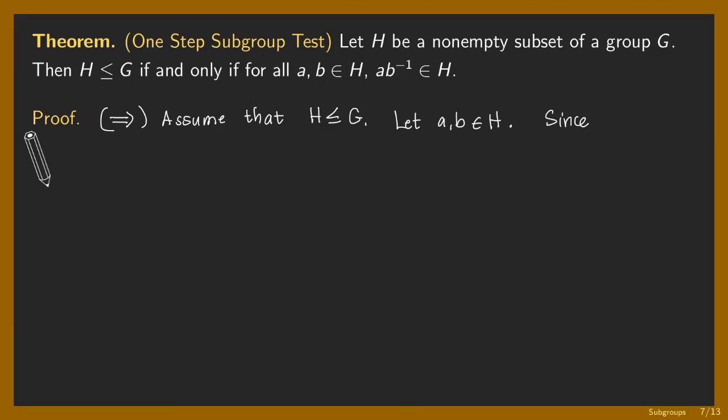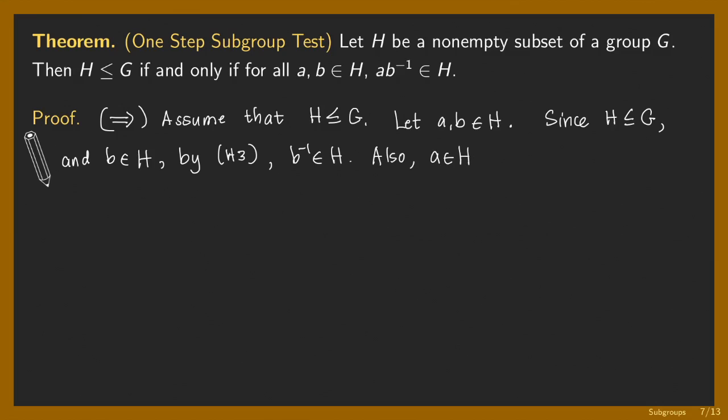Since H is a subgroup of G, we can assume statements H1, H2, and H3. B is an element of H, so by axiom H3, B inverse must be in H. Also, A is in H by default.